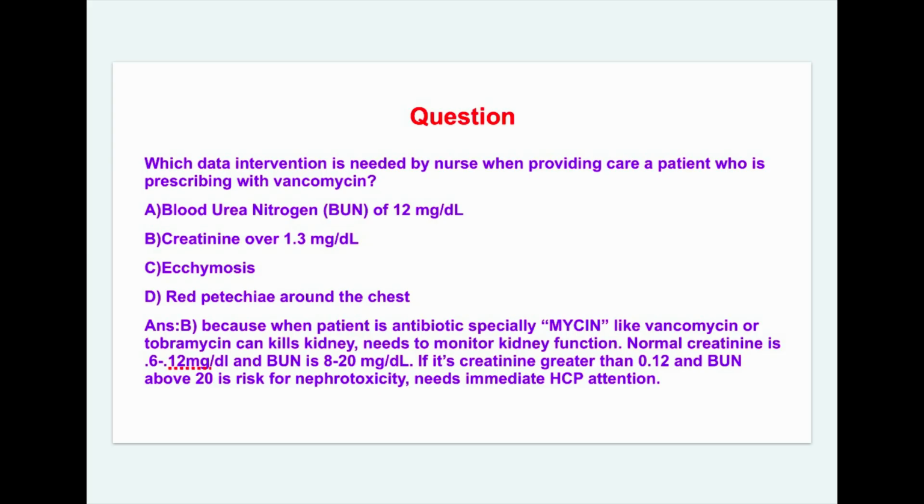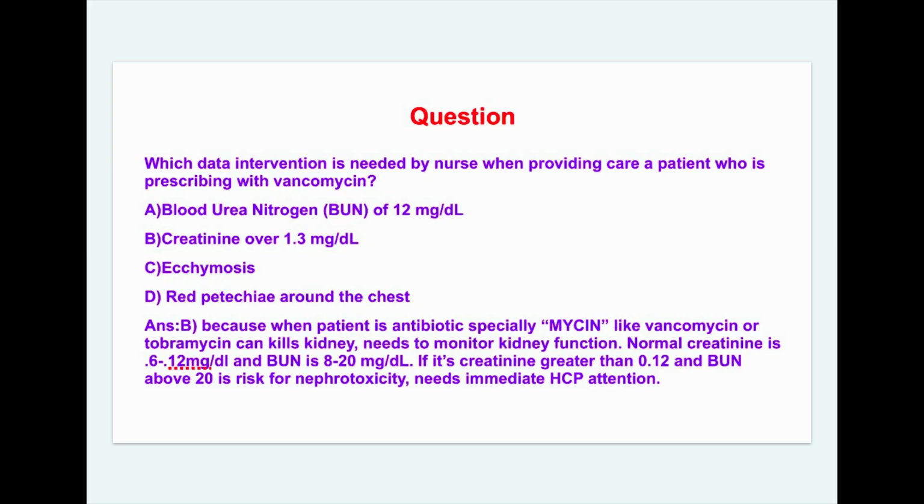If the patient is on vancomycin or tobramycin, those mycin drugs can harm the kidneys. That's why we need to monitor creatinine, 0.6 to 1.2 milligrams per deciliter, and BUN, 8 to 20 milligrams per deciliter.